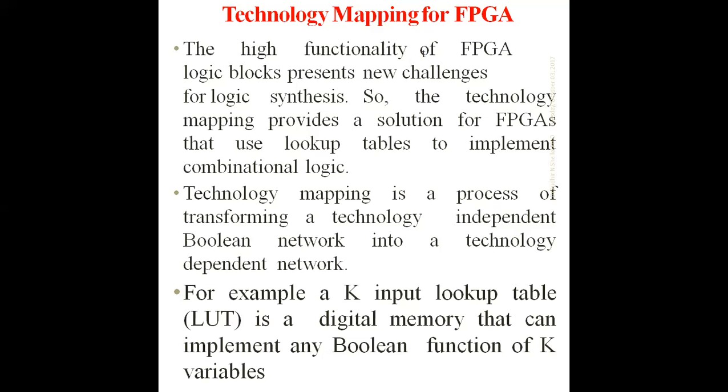What is meant by lookup table? How to implement all these things? First, technology mapping is a process of transforming a technology independent Boolean network into a technology dependent network.